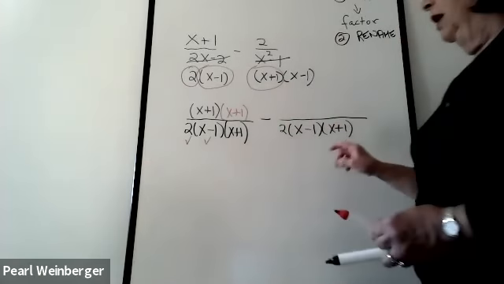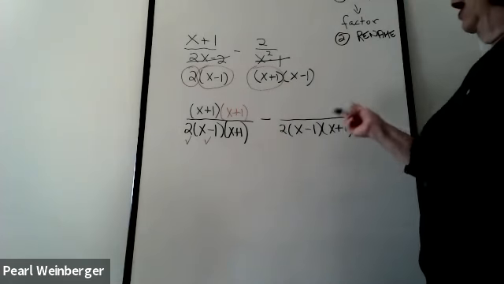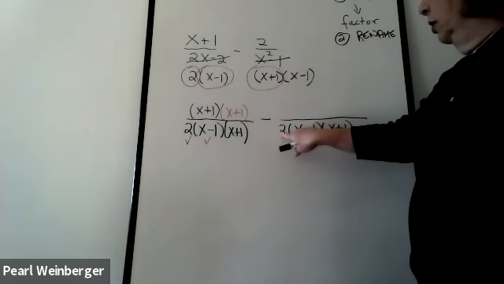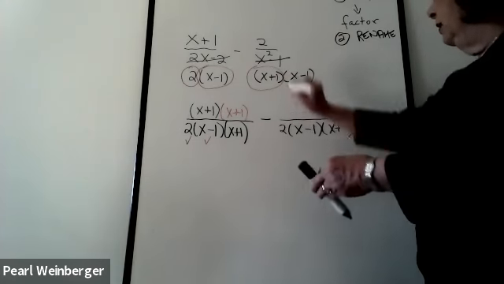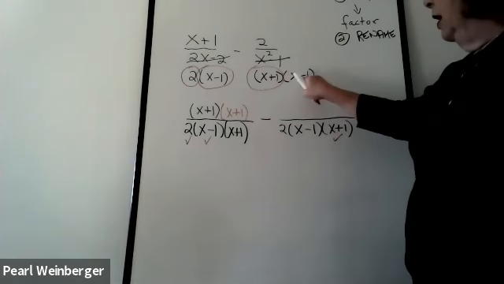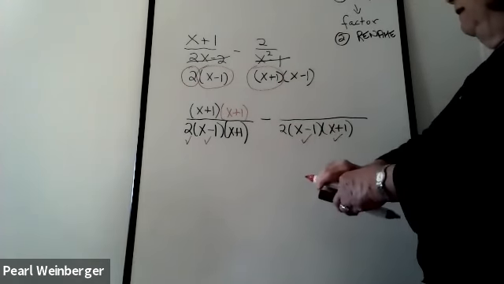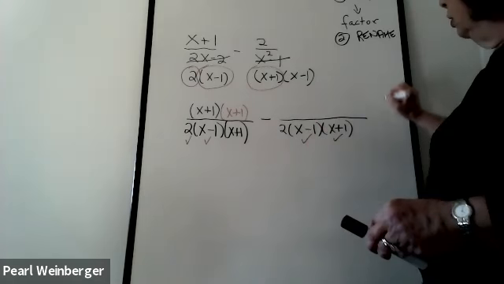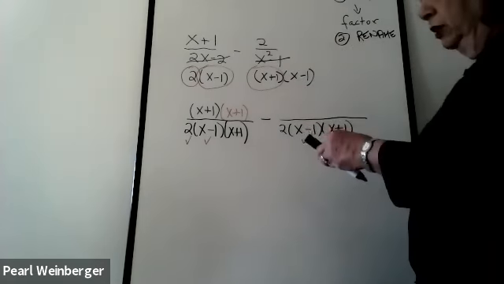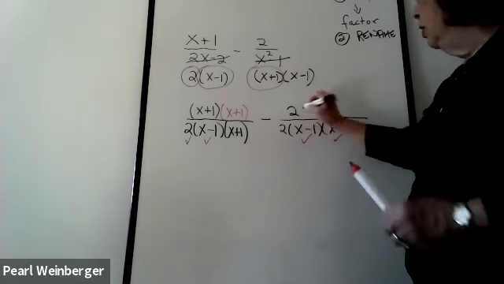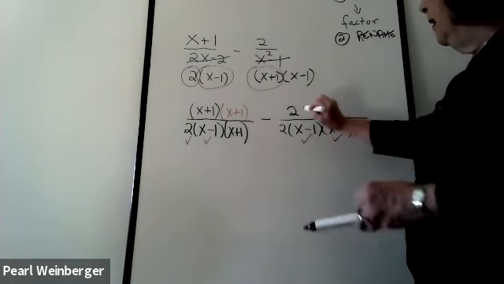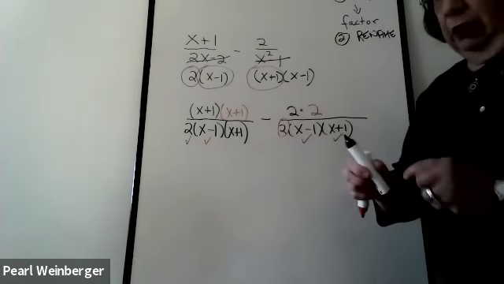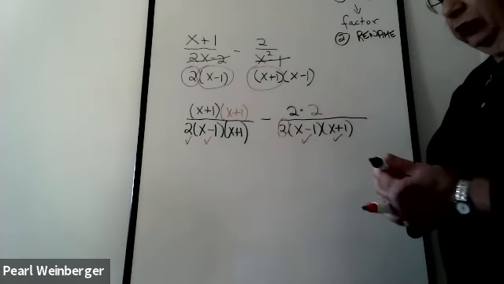Let's figure out what we're going to have to do over here, and we'll then complete it. Okay, so the 2 I don't see there, but I see an x plus 1 and I see an x minus 1. The only thing I did to the second denominator is I multiplied it by 2. So therefore, I have to take my original numerator, which is 2, and multiply it by this 2 over here to rename that fraction.